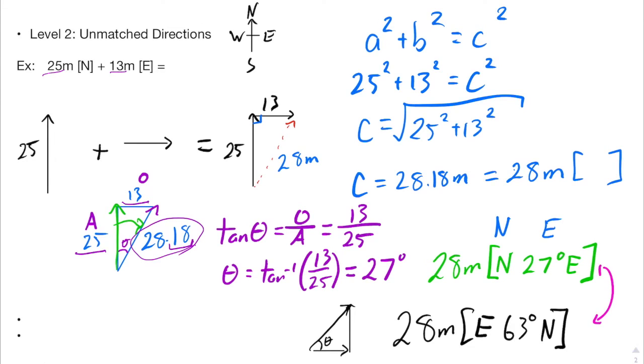Both of these answers are actually equally correct, and either answer is perfectly acceptable. There is no difference between starting from north and moving 27 degrees to the east and starting from east and moving 63 degrees to the north. Your final direction will actually both point you in the same way.